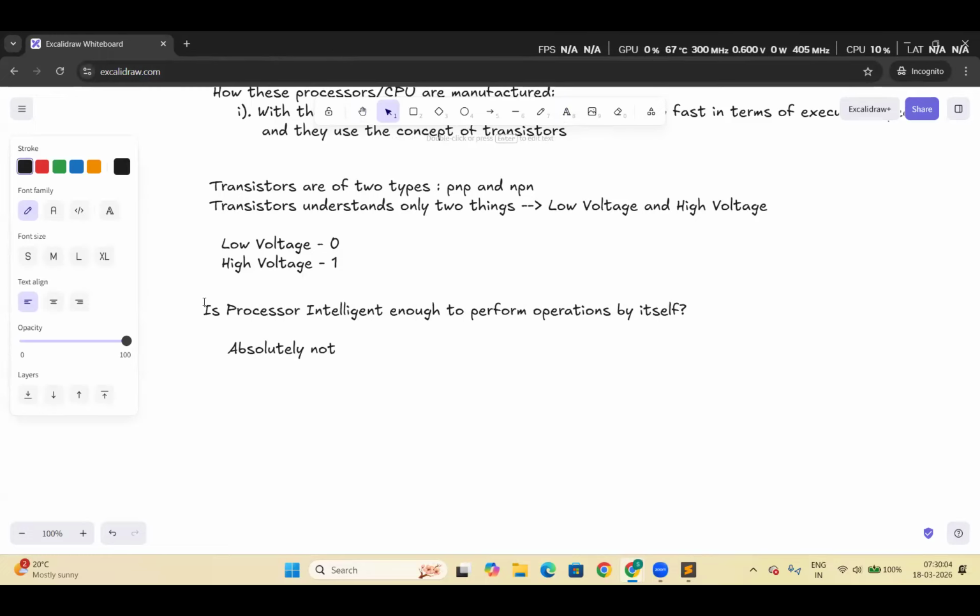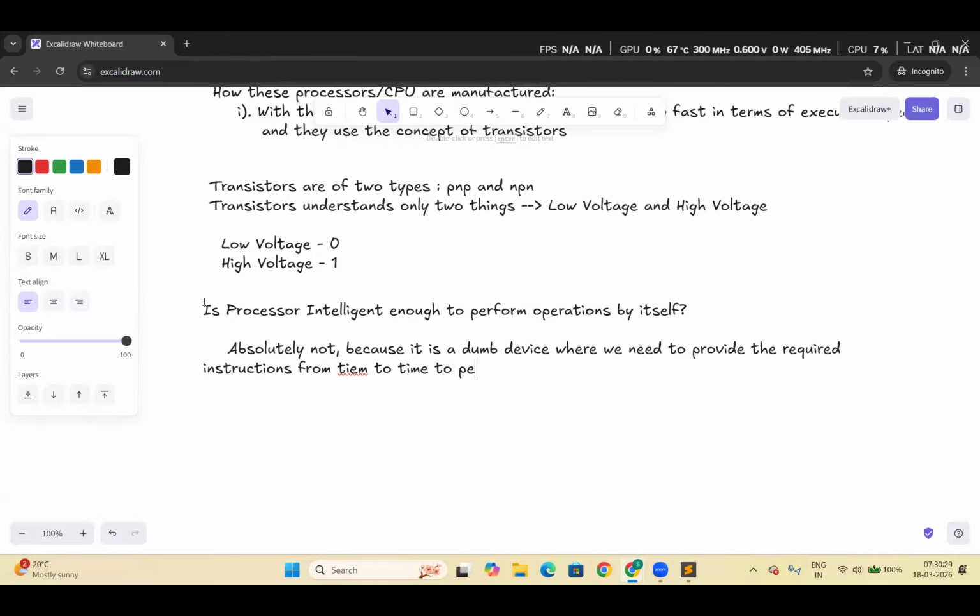Because it is a dumb device where we need to provide instructions, provide the required instructions from time to time to perform the required operations or get something out of it. Clear?